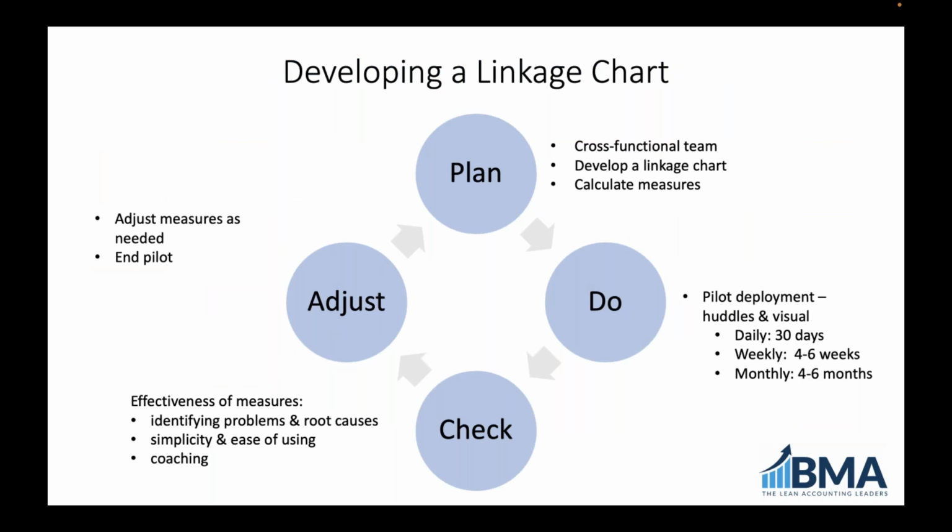And the process is much like a Kaizen event. Think about it this way: you're developing the linkage chart and the performance measurement system. So in the plan step, you have a cross-functional team. You actually go through the linkage chart development process that I showed you on the previous slide.